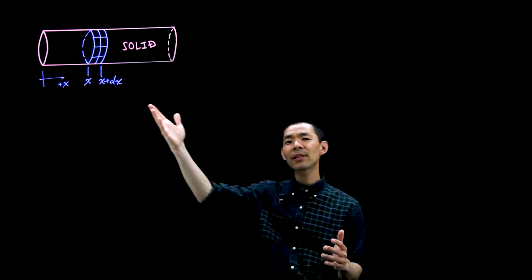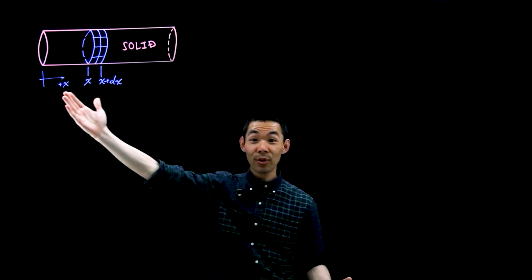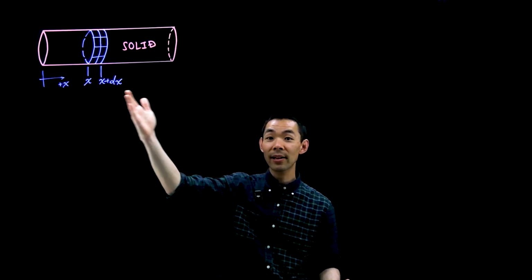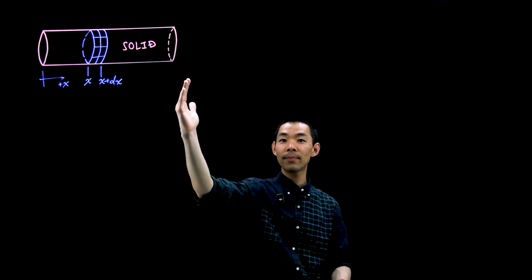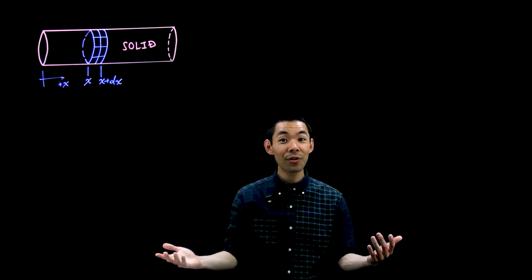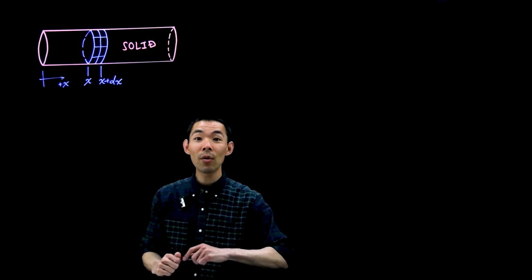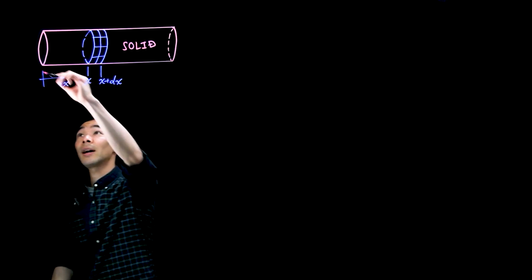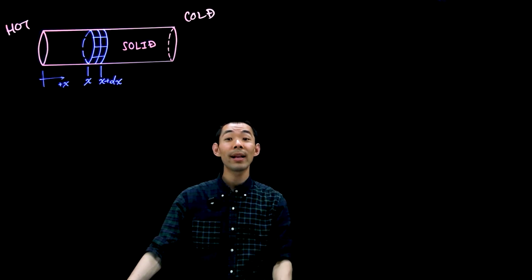Suppose we have a solid piece of material. The temperature inside this solid varies as a function of position x that runs from this position here towards the right. It can also be a function of time. Now let's suppose that this material was subjected to a hot reservoir on the left-hand side and a cold reservoir on the right-hand side.